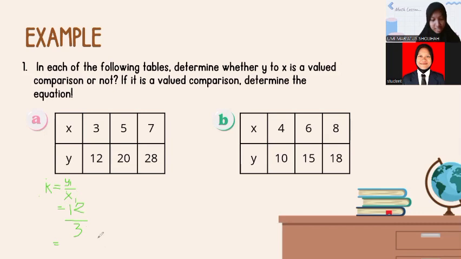How much? 4. And x 5 and y 20, it's the same, 4. And 7 and 28, it's the same, 4. So the table of A is a value comparison.